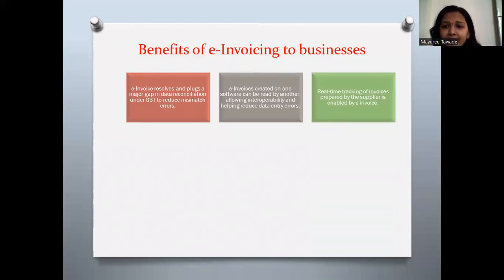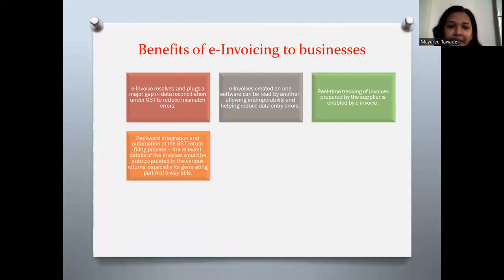Real-time tracking of invoices prepared by the supplier is enabled by e-invoicing. Then backward integration and automation of the GST return filing process. The relevant details of the invoice would be auto-populated in the various returns, especially for generating Part A of the e-way bill.